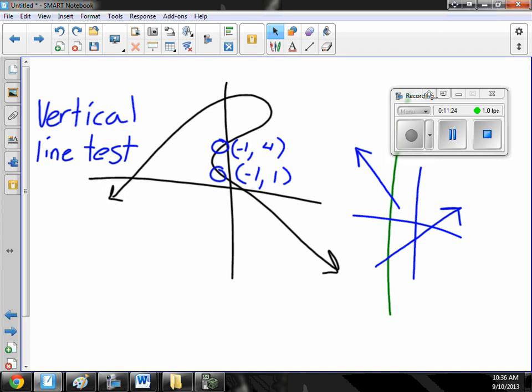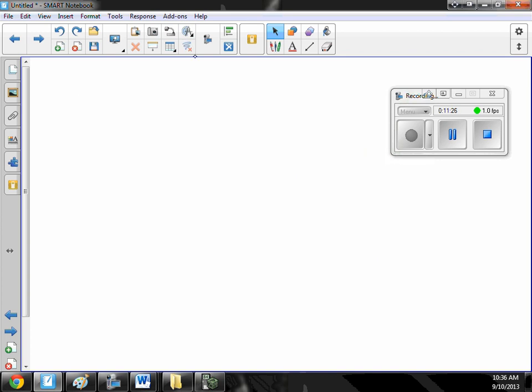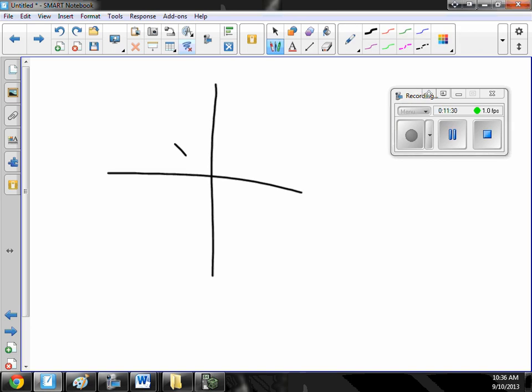Okay? Well, then we can run into tricky graphs like this. What do those circles mean? Do you remember when you did number lines?